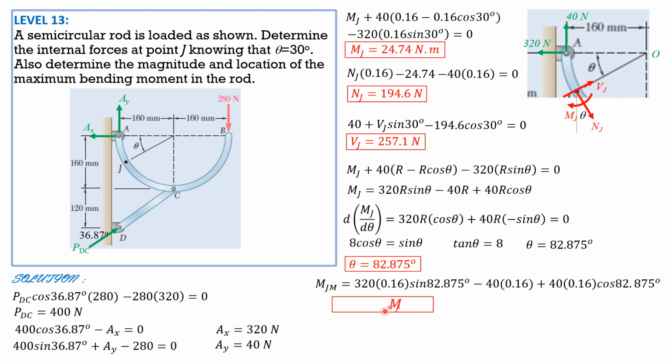So the maximum moment is equal to 45.20 newton-meters, located on this semicircular bent rod at theta equal to 82.875 degrees, close to C, just to the left. If we cut section C just to the right, the moment is 280 times 0.16, which is slightly lower than 45.2. So that's why this is the maximum moment.